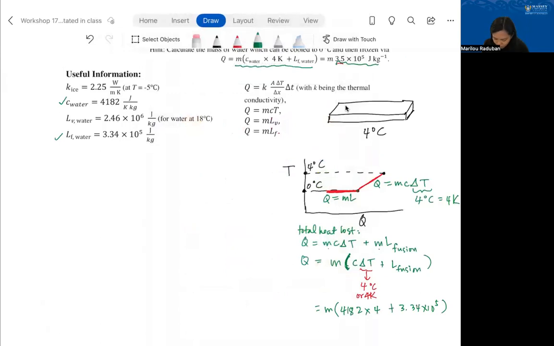So it's this bracket that's being added, and you will have mass times 3.5 times 10 to the 5, which is what was given in the hint. That's how the hint was derived, but you can just use the hint to solve the problem now.